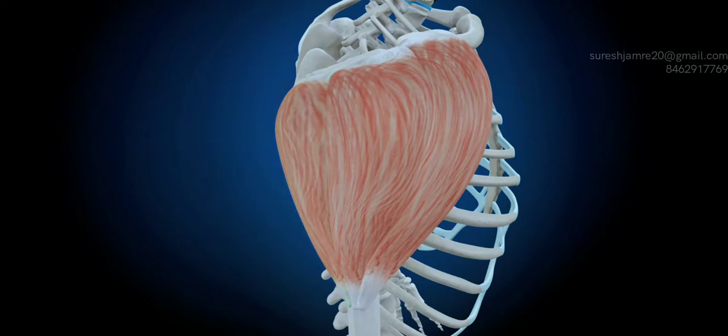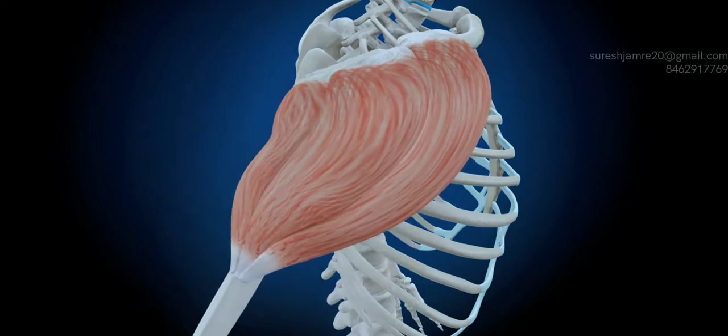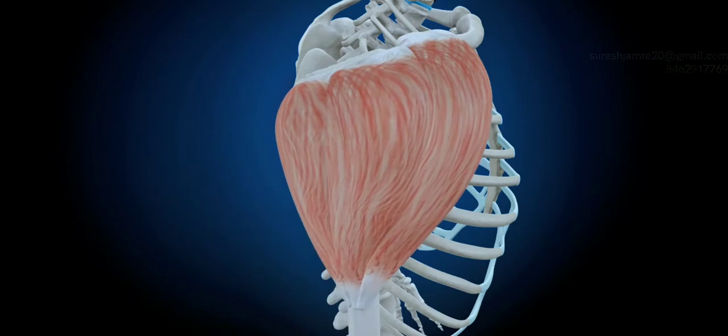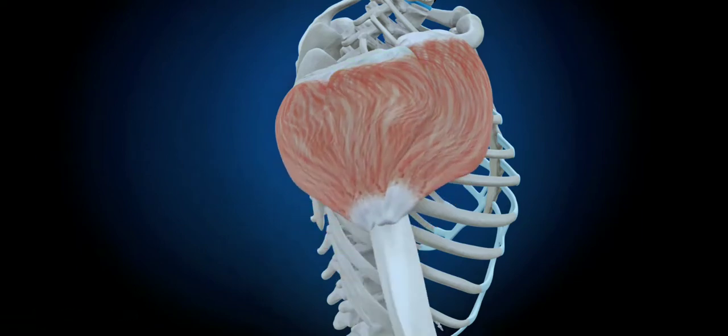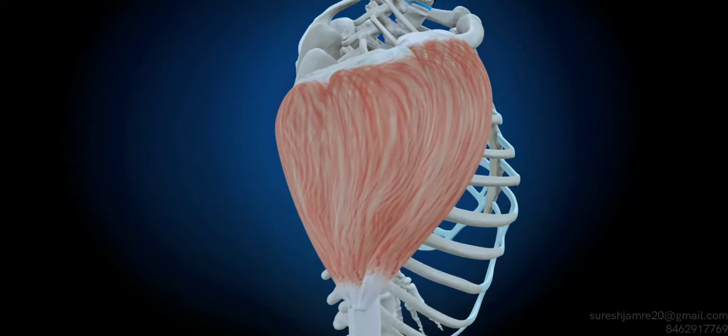The posterior spinous fibers extend the arm at shoulder and produce lateral rotation of arm by turning the anterior surface of arm away from midline. The middle acromial fibers are the strong abductor of the arm from 15° to 90°.